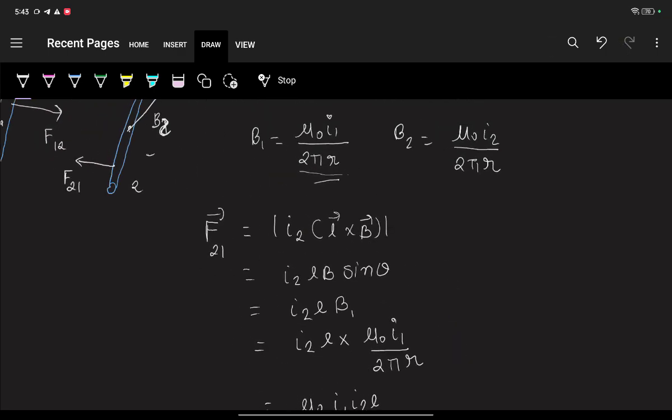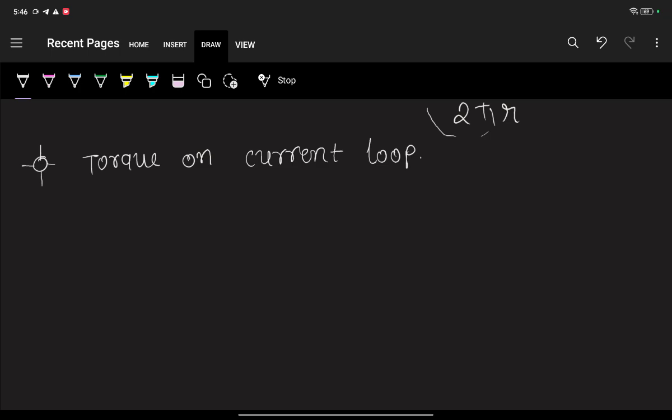Write it down. Torque on current loop for magnetic dipole. So let's take one current loop. Let's talk about an electric motor.